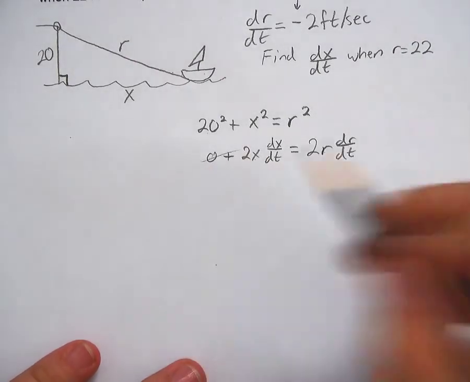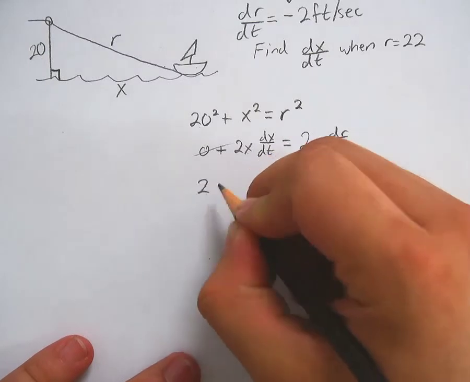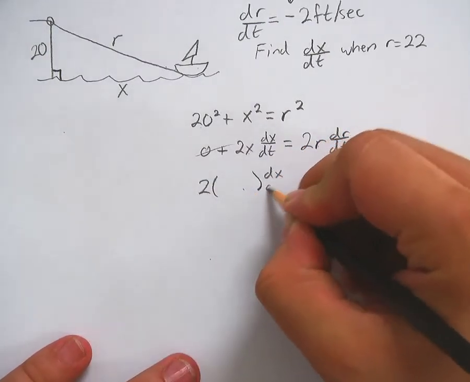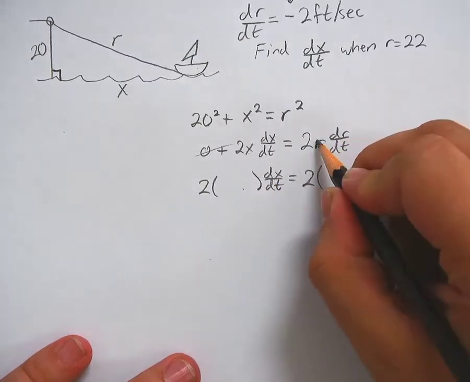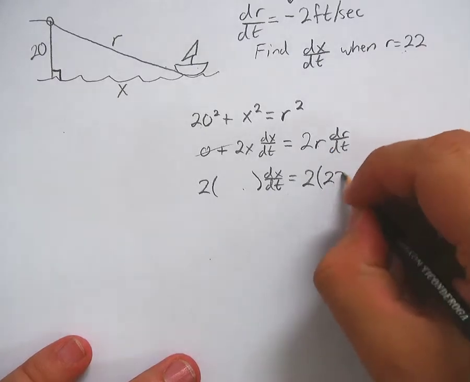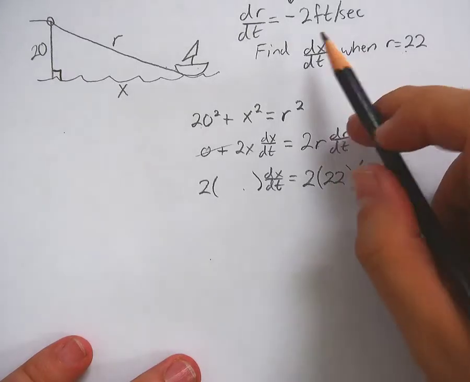For starters here, 0 is just going to go away. So 2, how do I figure out what this x value is, dx/dt, when I know that my value for r is supposed to be 22? And dr/dt again was given to me right here, -2.